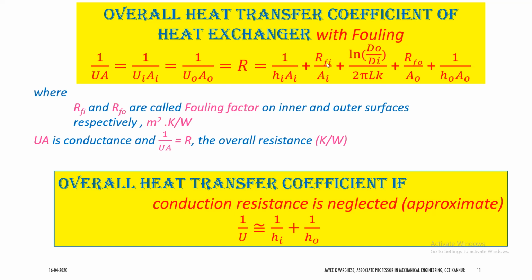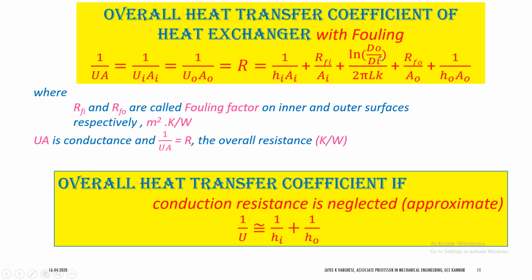You have to see the combination of surfaces, operating conditions, period of operation, etc., and based on that, suitably select the value of RFI. RFI is given per square meter area, so RFI will have a unit same as the reciprocal of the HI.